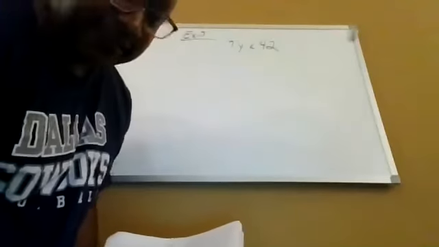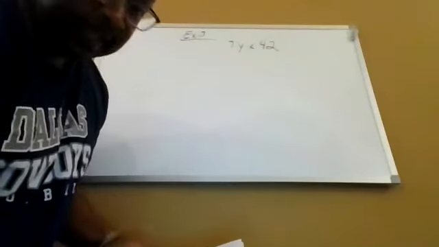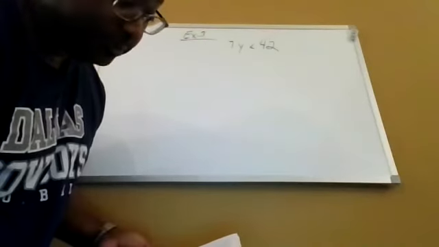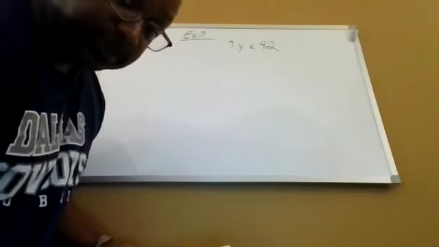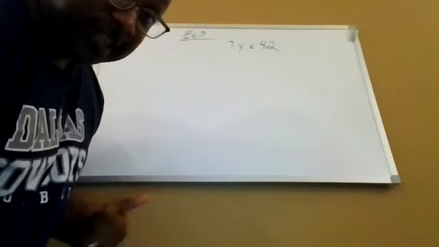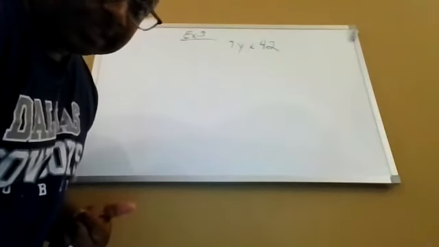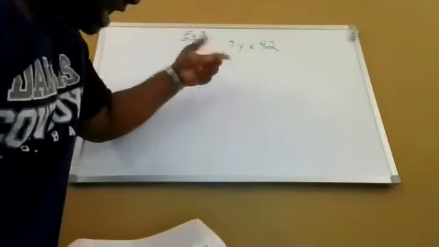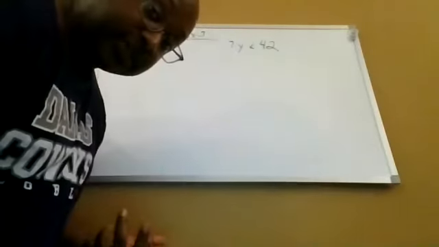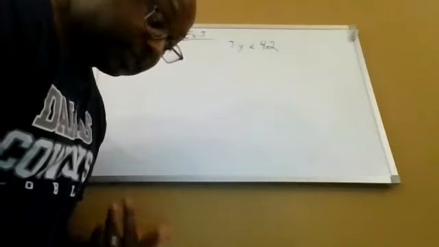So in this case, I have the inequality 7y is less than 42. And we want to solve this for y. Since this is multiplication, 7 times y, to get y by itself, we're going to divide both sides by 7.